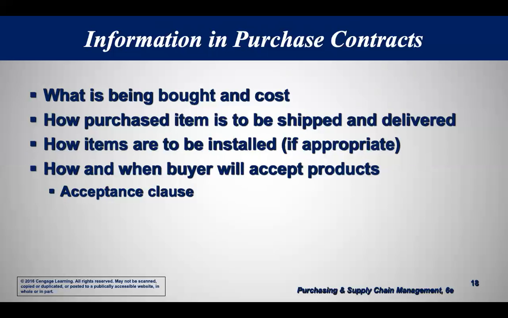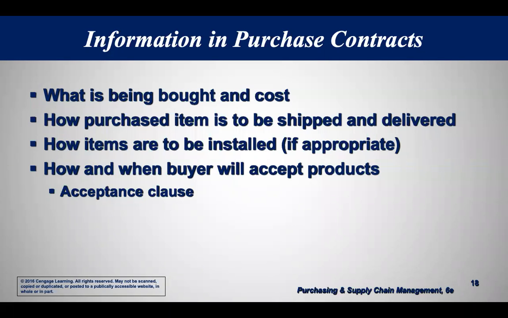We're not going to go through this in much more detail. What information there is, obviously, what's being bought, what the cost of it is, how it's to be shipped, how it's to be installed. This is an important one, though, the acceptance clause. This is usually where trouble happens, because the two parties haven't taken the time to write down how, if these are goods, or if it's going to be a report, even harder.